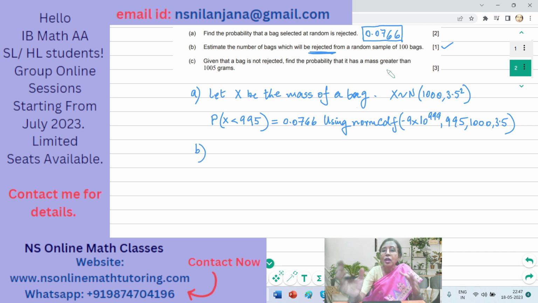So we have a fixed number of trials, only two possible outcomes, either rejection or acceptance, and the probability is fixed. Therefore, it is a case of a binomial distribution.